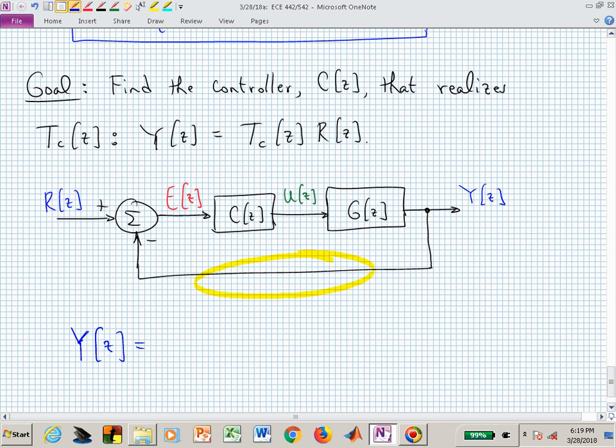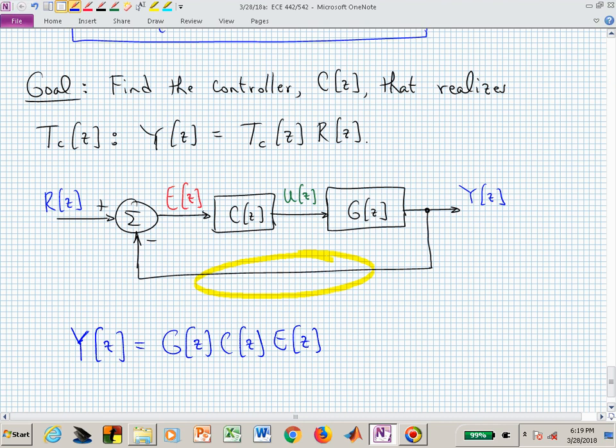Y of Z, you should be able to see just from this block diagram, is G of Z times C of Z times E of Z. And typically when you're doing this block diagram algebra, you probably want to write some of your equations in terms of outputs of the summing junctions.